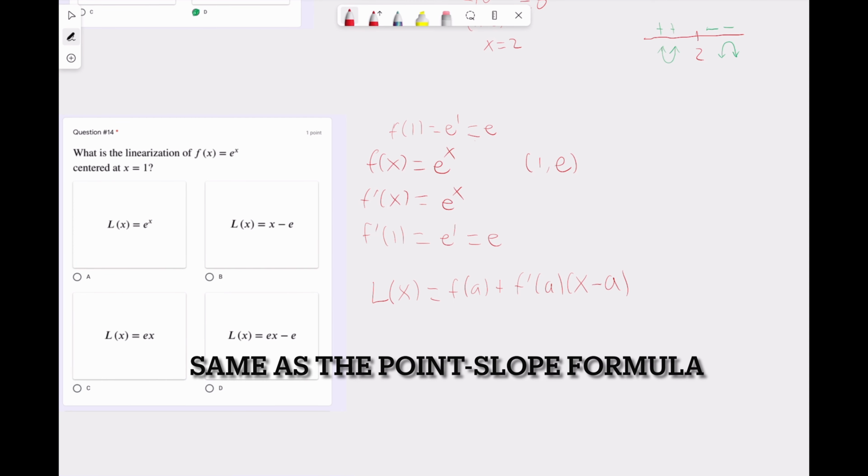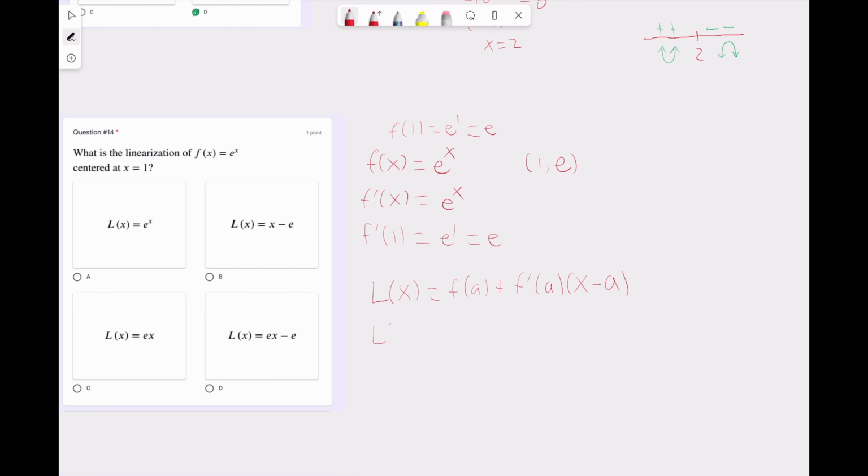So writing this down, we're going to plug in. Our f of a is, because we plug 1 in, this part. This is going to be our f of a. So f of 1 is e. This is going to be our e. And then plus f prime of a, that's our slope.